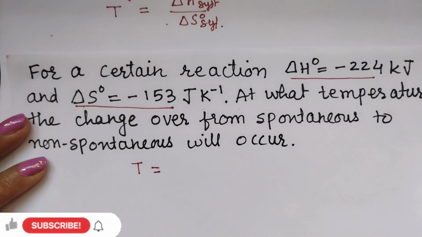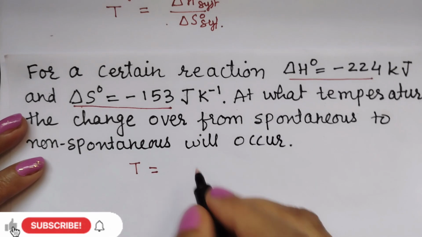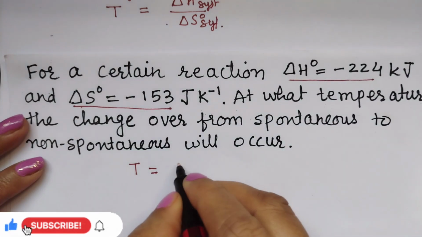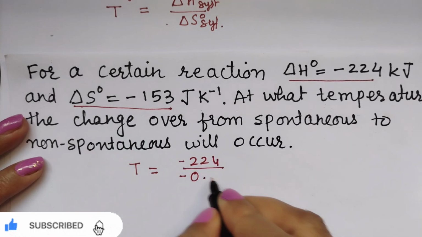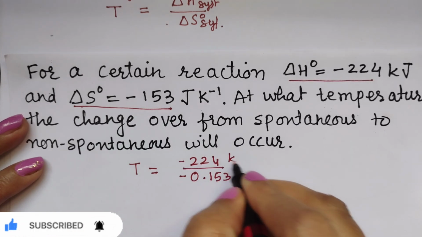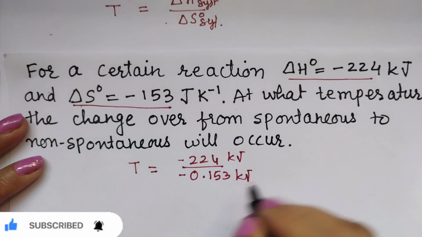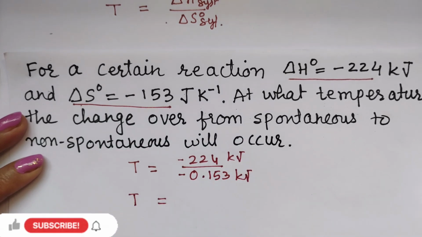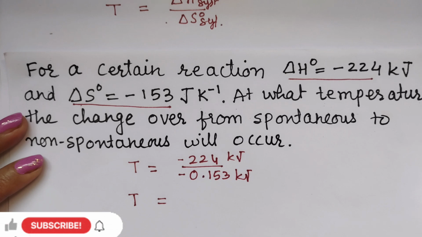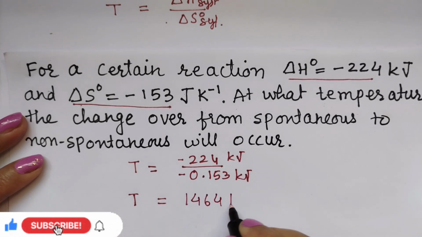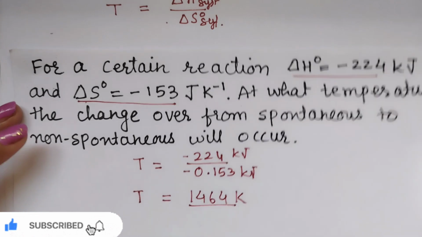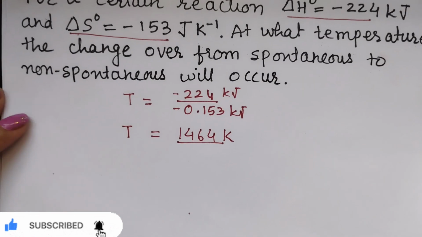So the calculation part will be minus 224 upon minus 0.153. Now both the values are in kJ. Now if you calculate this temperature, then the answer here is 1464 Kelvin.